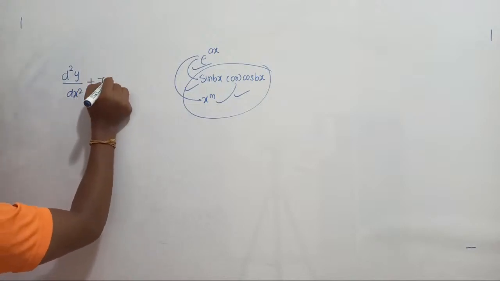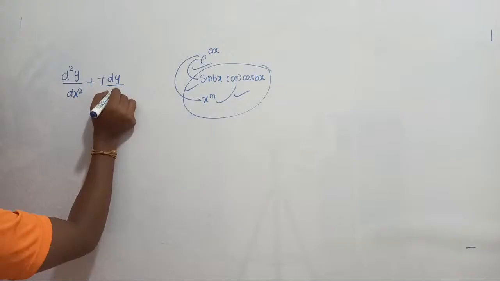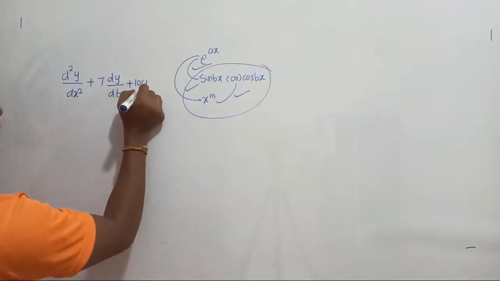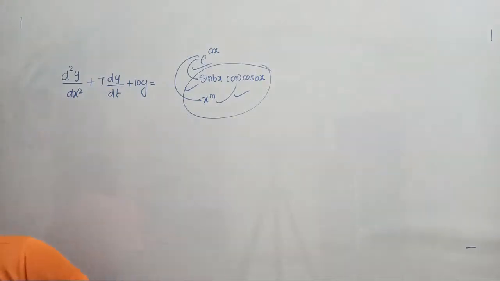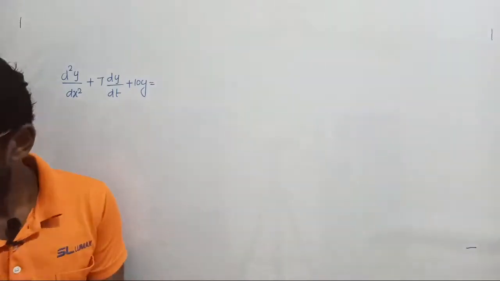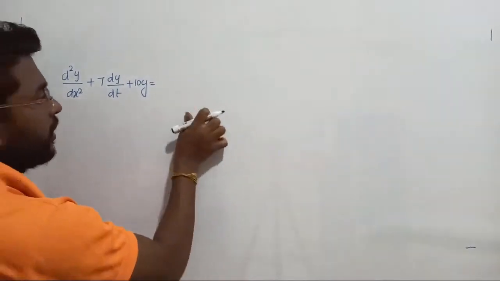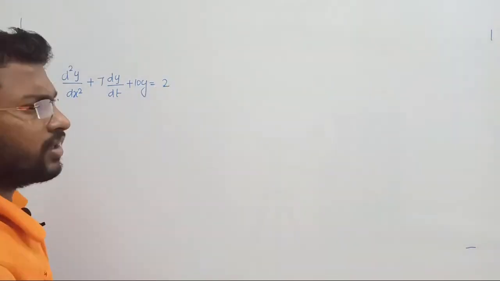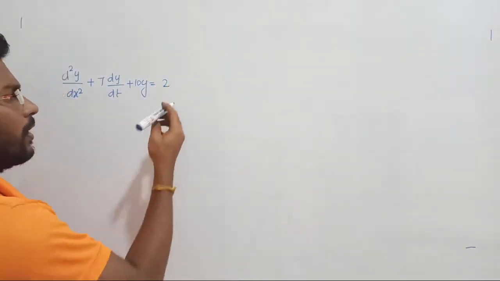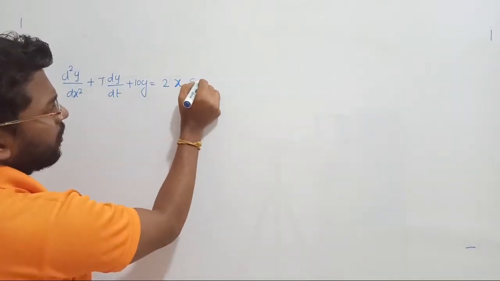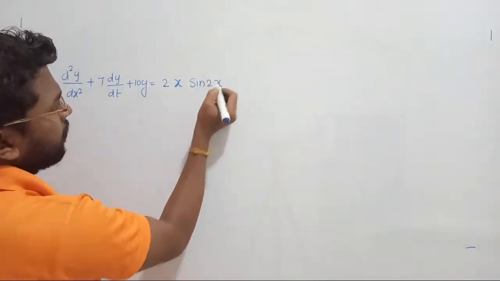Yes, 7 times of dy by dx, okay, plus 10 times of y equal to, let me rub this one. Yes, so here the answer is going to be, என்ன எழுதலாம், 2 into, take some other values, x power m, let's consider x enough, we have to understand, that's what I want, sin 2x, okay.